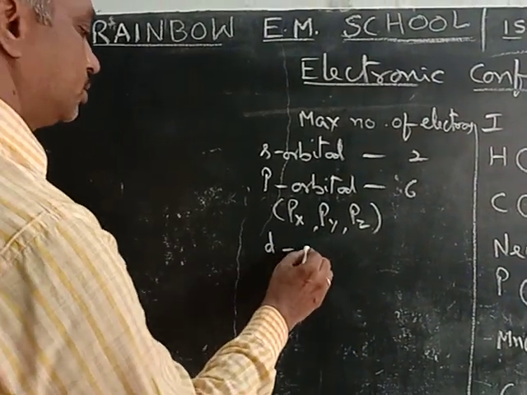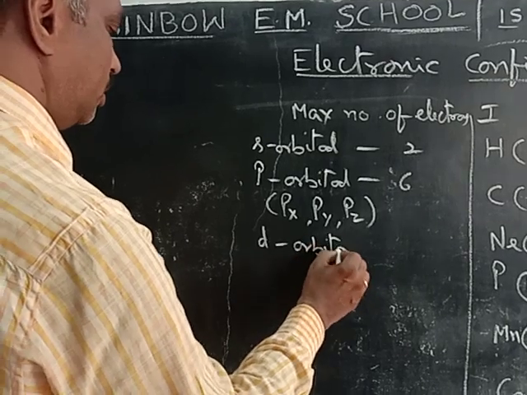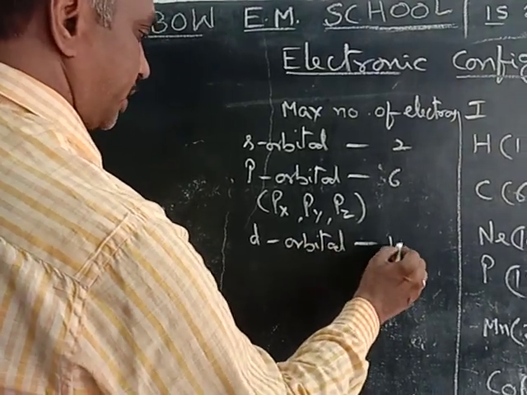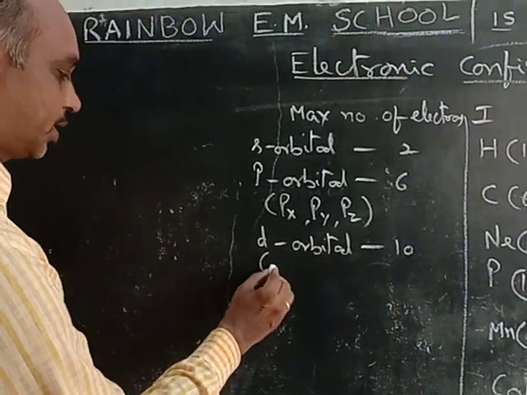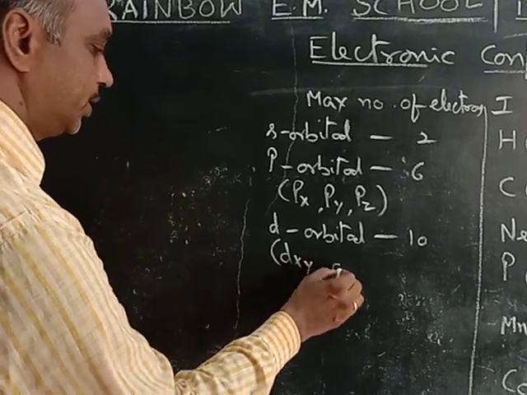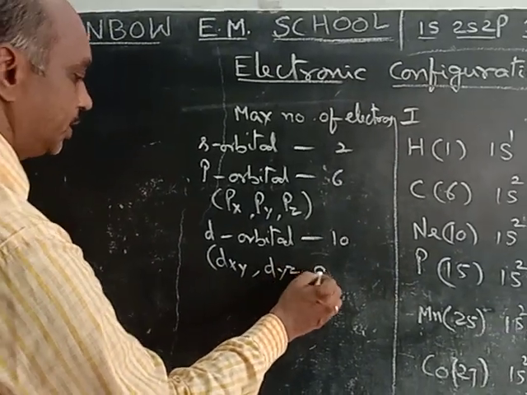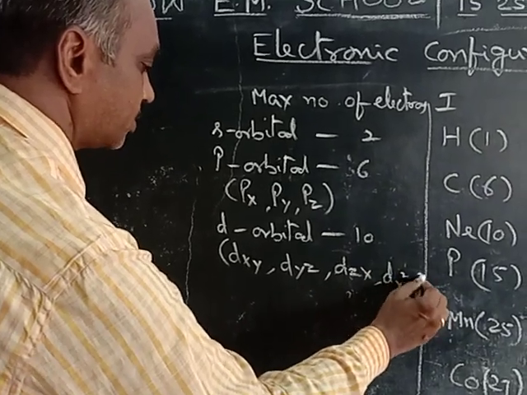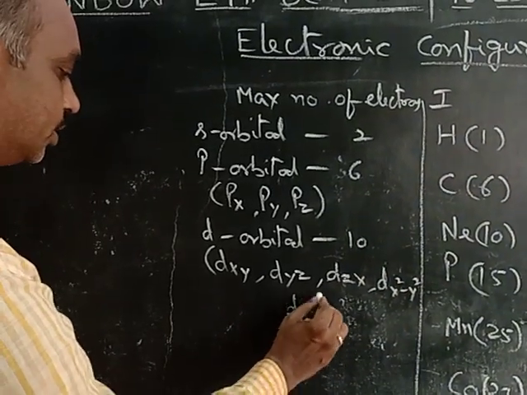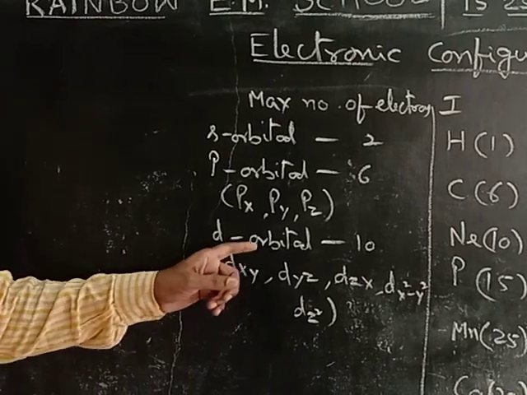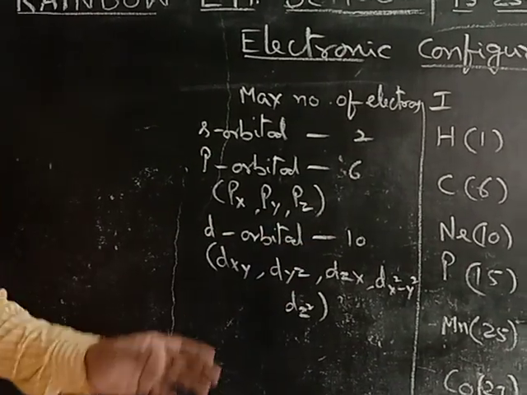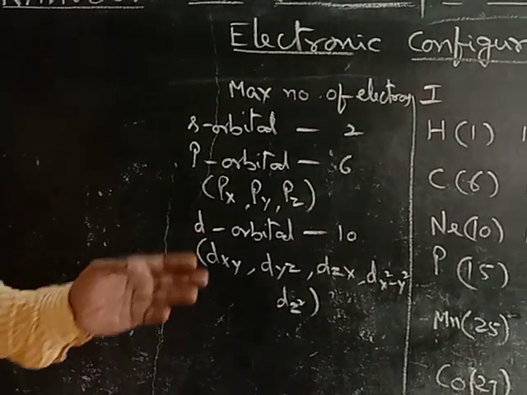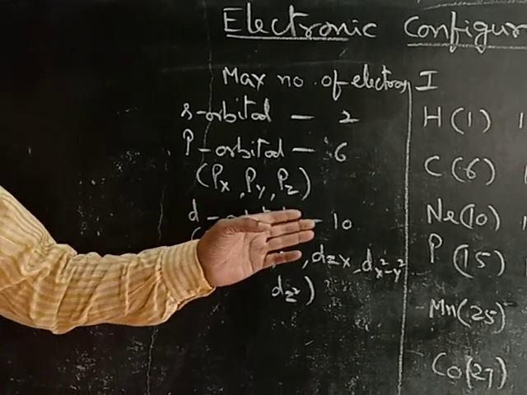D orbital is 10. It consists of 5 degenerate orbitals dxy, dyz, dzx, dx square minus y square, dz square, so 5 into 2, 10 electrons. F orbital means 7 degenerate orbitals, so 7 into 2, 14 electrons.